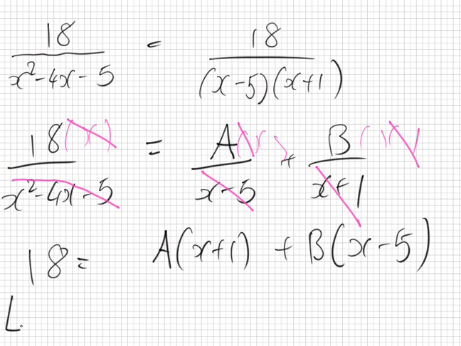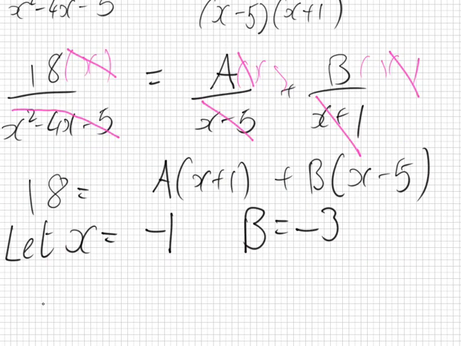Now, what do I let x equal to here? Minus 1. Yeah. So if I use minus 1, I'll get minus 6. So I get b equals minus 3. And then what's next? Let x equal to 5, and I'll get a equals 3.